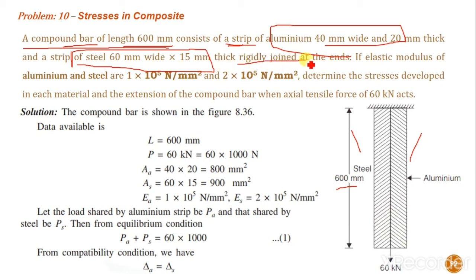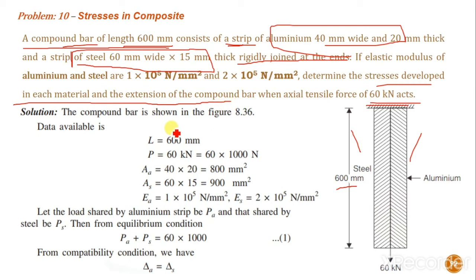Both are rigidly joined together here, rigidly fixed, and there is a load of 60 kilonewton acting on this body. What is asked in the question is the stress developed in each material and also the extension of the compound bar. This is what we have done previously in the previous class also.